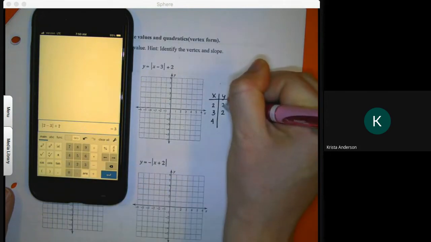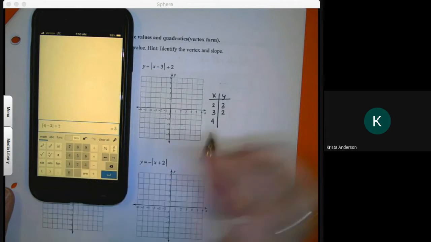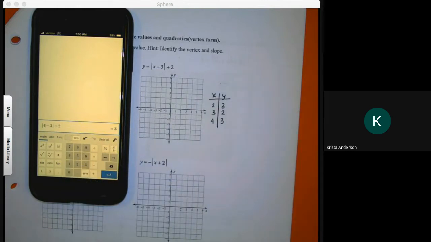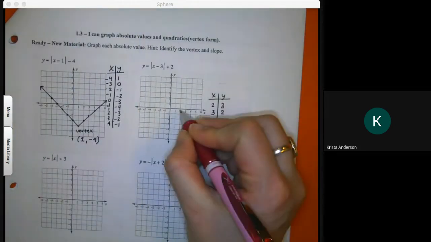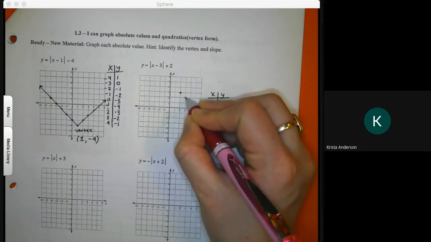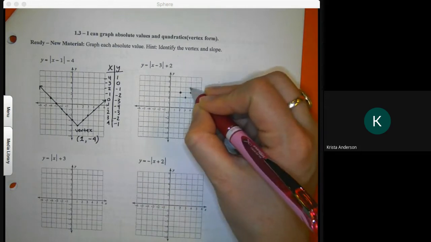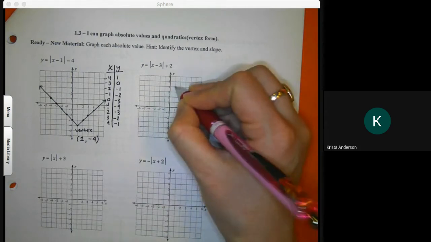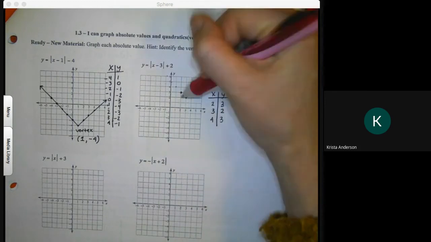Then when I change that 2 to a 4, it's also at 3. Three is up 2. 4 is up 3. I can fill in the V shape without building the rest of the table.